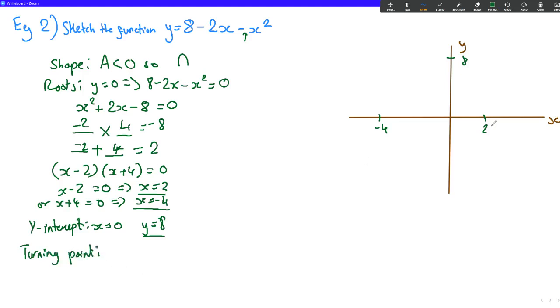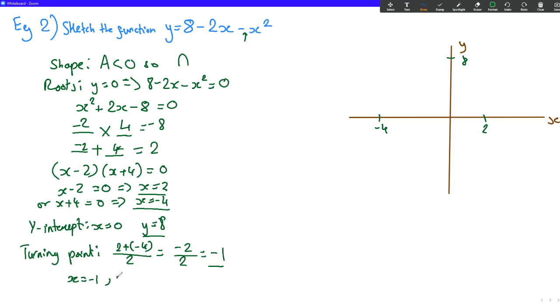Again, let's add our two roots and divide by 2 to find the midpoint. So that'll again give us minus 2 over 2, minus 1. Okay, and then we just put that value in, x equals minus 1, into this equation up here.